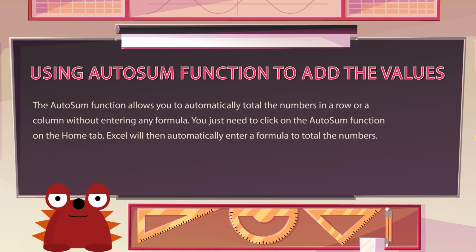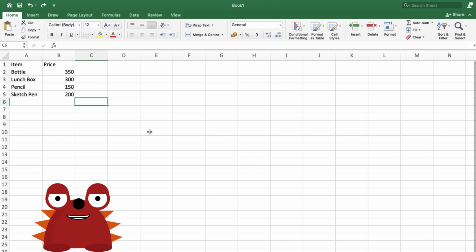Excel will then automatically enter a formula to total the numbers. Here are the steps to use the AutoSum function. First, select the cell range where you want to calculate the total. Then, in the Editing group on the Home tab, click the AutoSum command. And so, the sum of the values is calculated and displayed in the next cell as shown below.